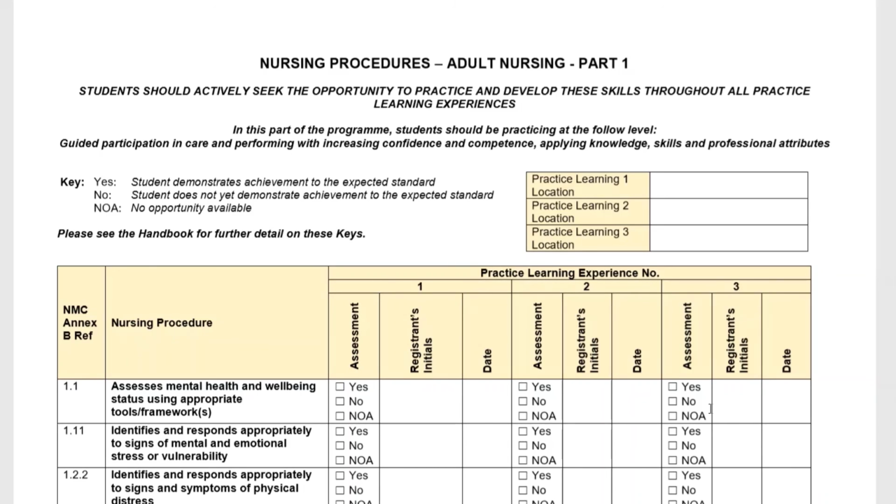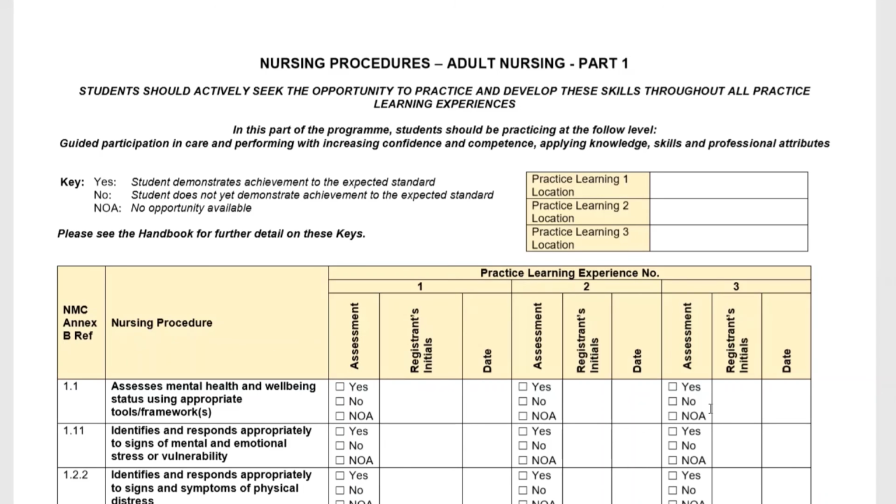And so there is an extensive list of nursing procedures that must be achieved in terms of proficiency over each part. But the students have the whole of that part, which is usually a year, to achieve those. That requires forward planning and really thinking it out.